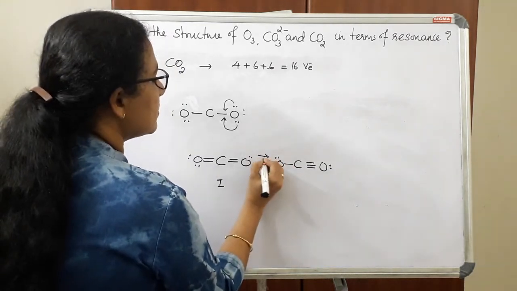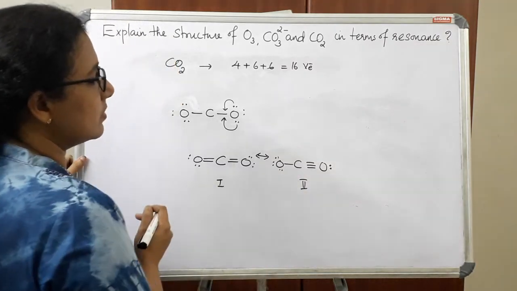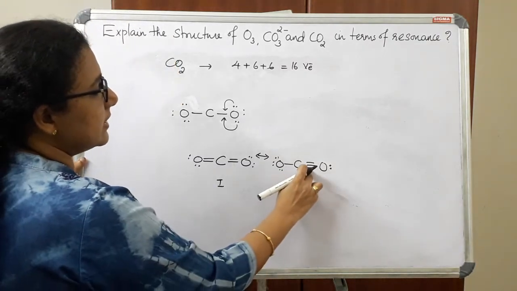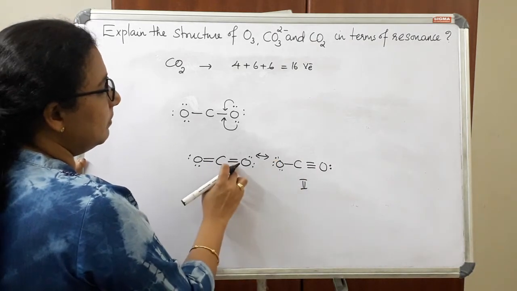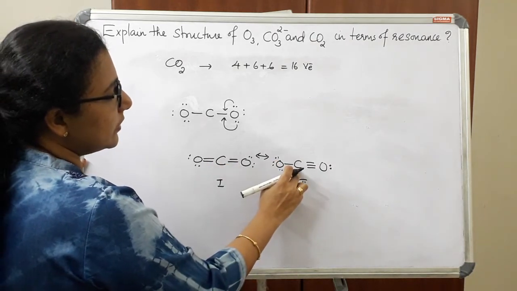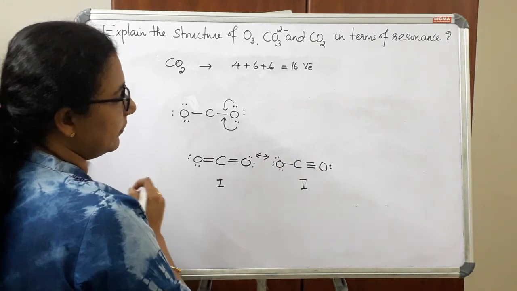So this is also another structure. This structure is also possible. So here there is a triple bond and a single bond. Here two double bonds are there. So this is also a Lewis structure, and here also all the atoms are attaining octet configuration.